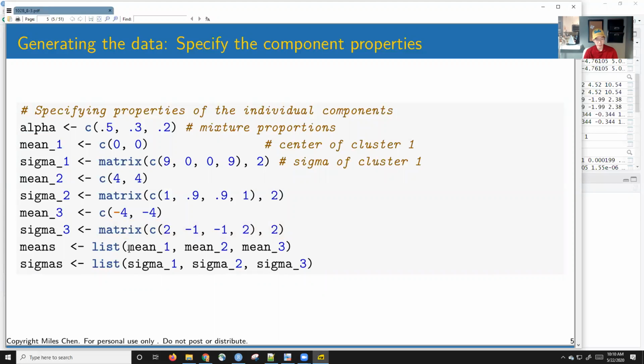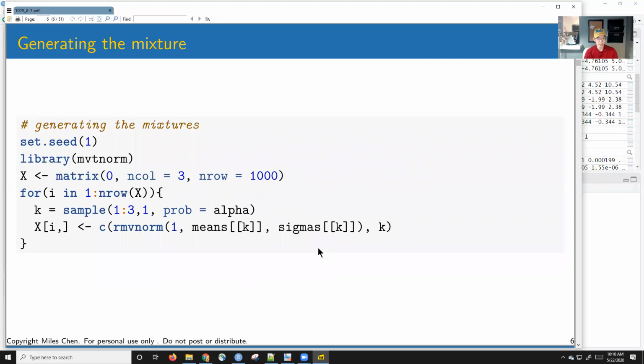And I'm going to collect all of these things in lists, and I will generate the data using the multivariate norm package, and I'm going to generate 1,000 data points.